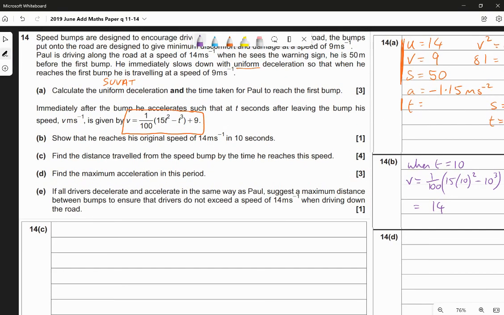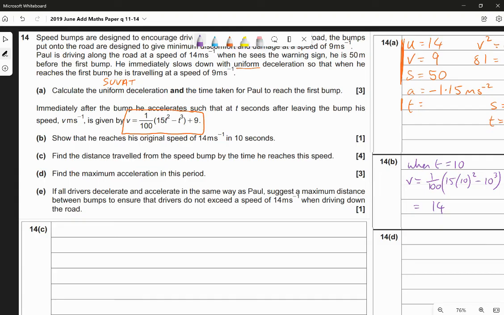Find the distance traveled from the speed bump by the time he reaches this speed. So how far has Paul traveled in those 10 seconds? There are a couple of ways of doing this.